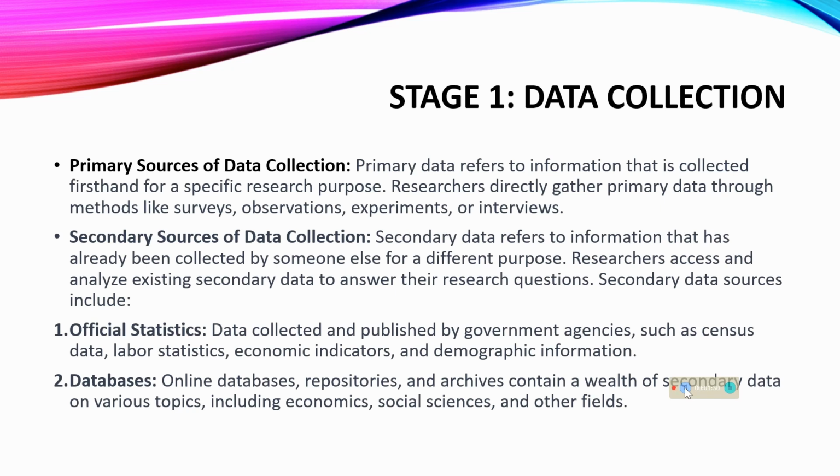While data can also be collected from different databases, online databases, repositories, archives containing a wealth of secondary data on various topics including economics, social sciences, and other fields. For example, the data collected from World Bank database or IMF is the type of secondary data.